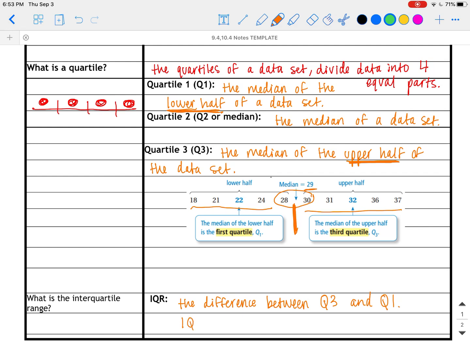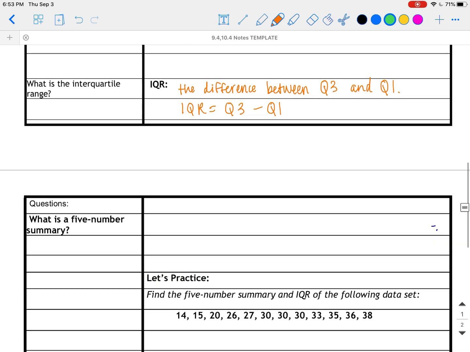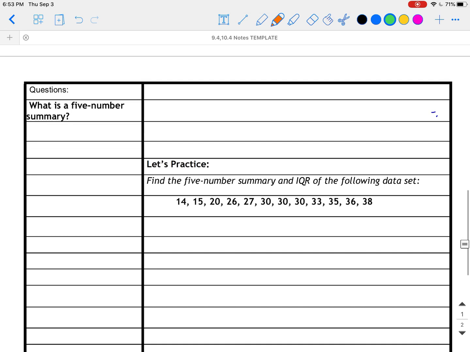So you'll see that as IQR equals Q3 minus Q1. And that's exactly how you will solve this. All right, so let's move on to the foundation of our 5-number summary, and then we're going to start to work on examples for all of this so we can become more familiar with it.